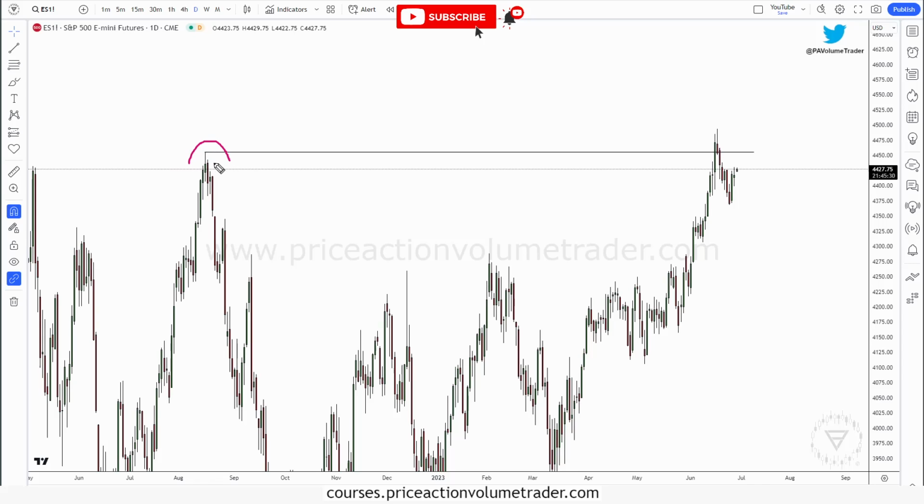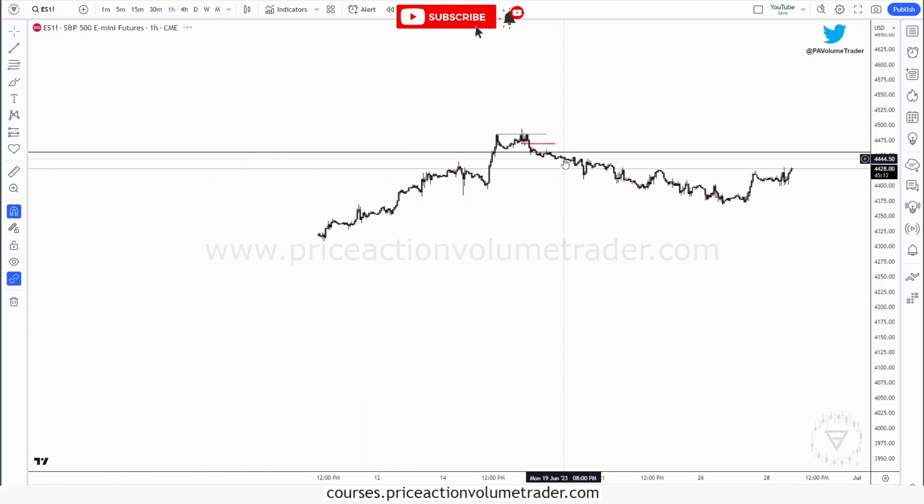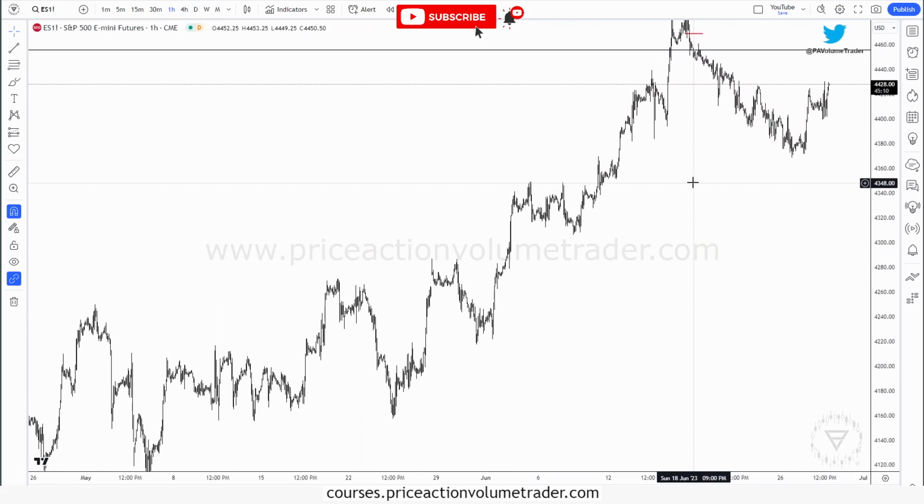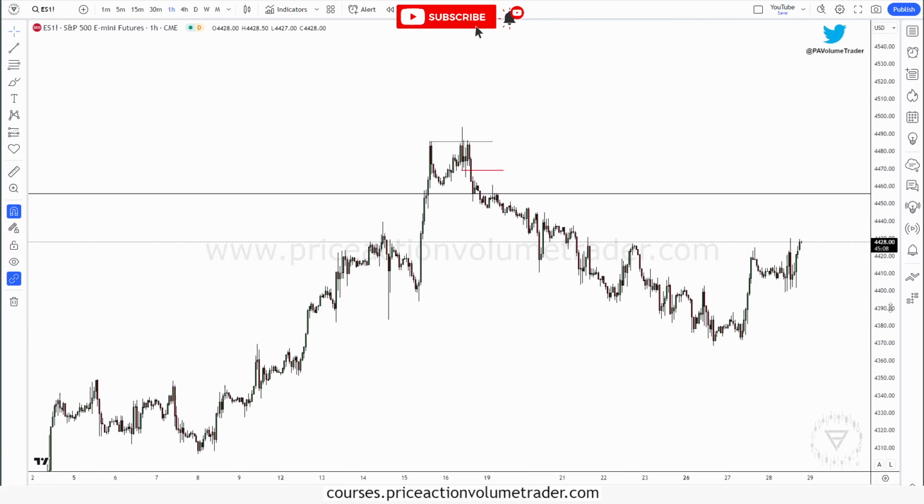This was almost a year ago, and recently we have come up here, we broke through on the daily, but then immediately we went back down here. So let's dive into a lower time frame and see how this could have been a trading opportunity by using the false breakout concept.